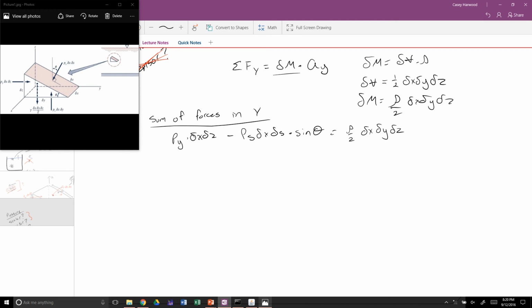Now I'd like to call your attention quickly to something about this expression delta s sine theta. You may notice that if we draw, oops, let's draw this with the right orientation.